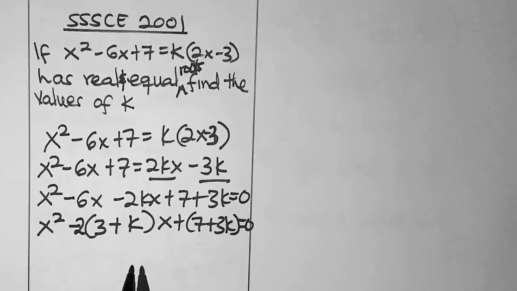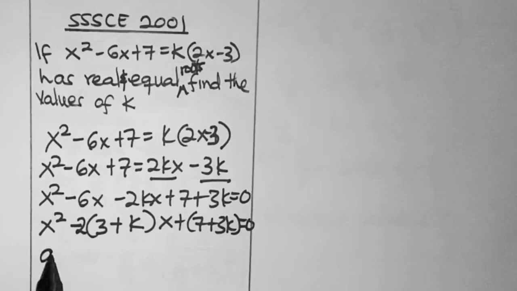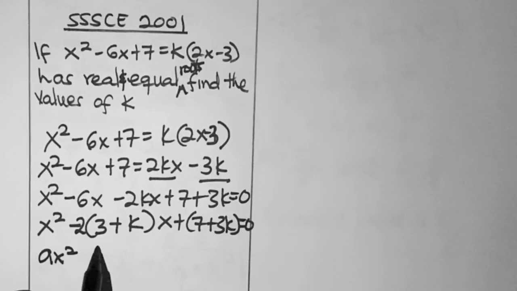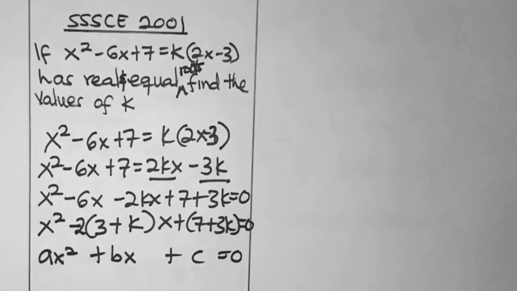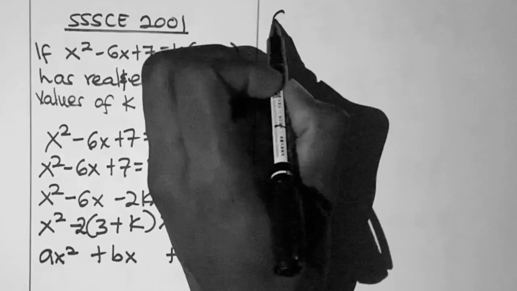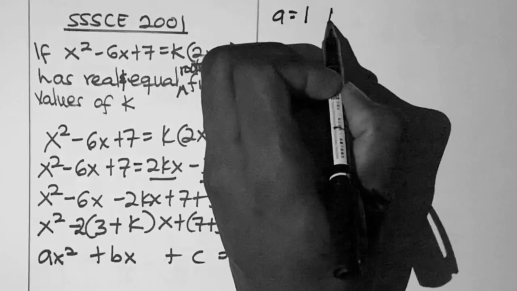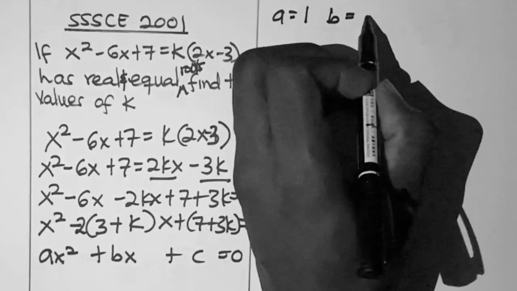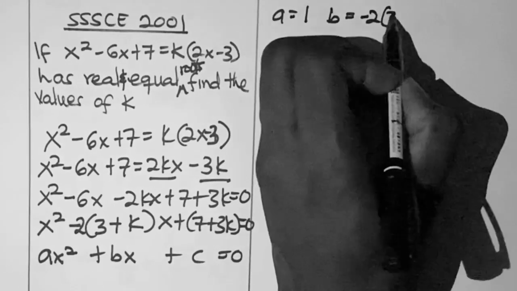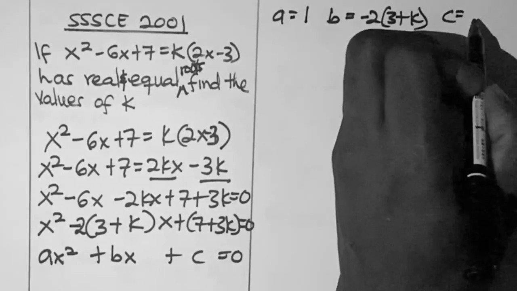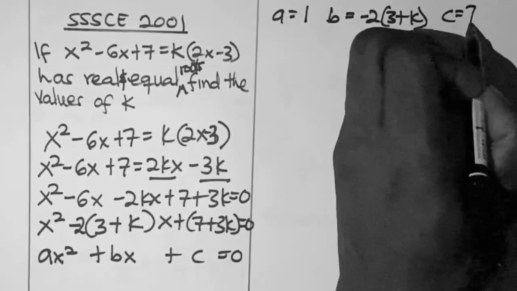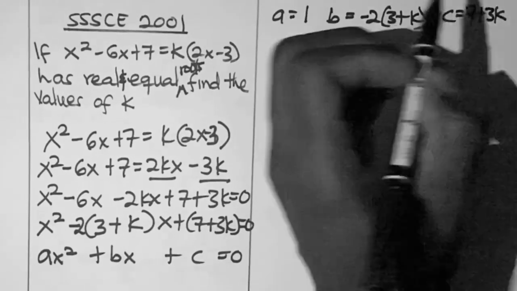So if we further simplify, you can see that this is of the form ax squared plus bx plus c equals 0. So in this case, a is equal to 1, b is equal to minus 2 times 3 plus k, and then c is equal to 7 plus 3k.